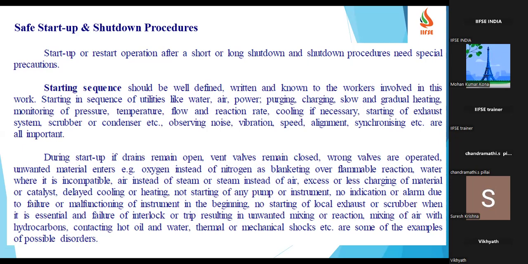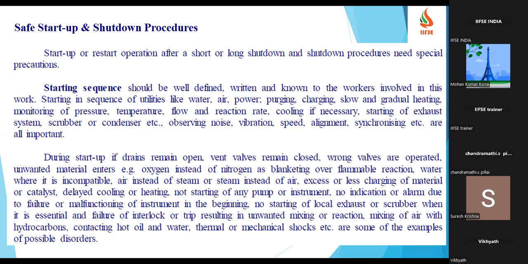For example, take your reactors or ANFDs or any other chemical activity: you take them for shutdown. In the sense, all your batches are done. Now you took that equipment for cleaning. Then you are starting that equipment after a long duration.